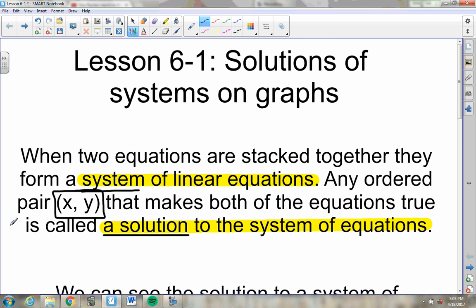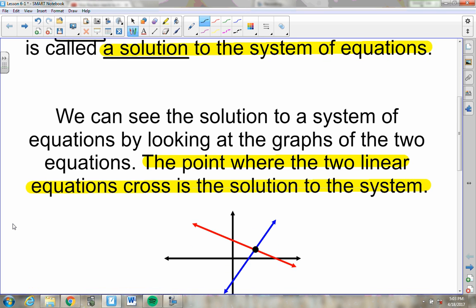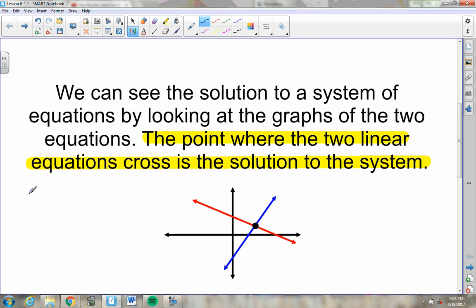Now we can see the solution to a system of equations by looking at the graphs of the two equations. If we graph the two linear equations, the point where they cross is the solution to the system. So you're going to have two equations like this blue line and this red line, and somewhere on the graph they're going to cross each other. In this case it's right here.